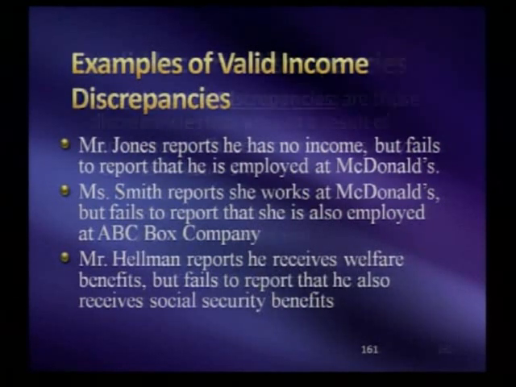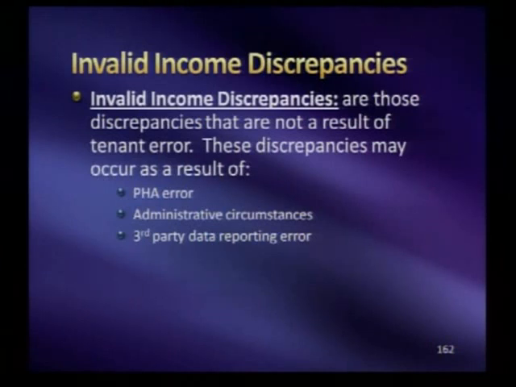Doesn't work that way. Your invalid income discrepancies are those discrepancies where there is no tenant error, okay? Situations where maybe the housing authority made an error, and let me say this.